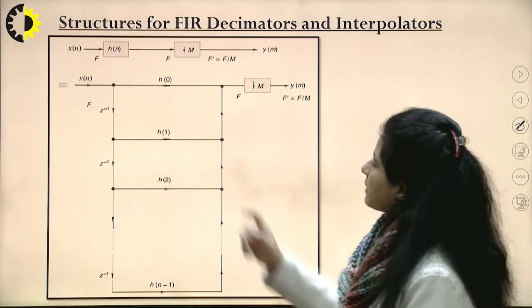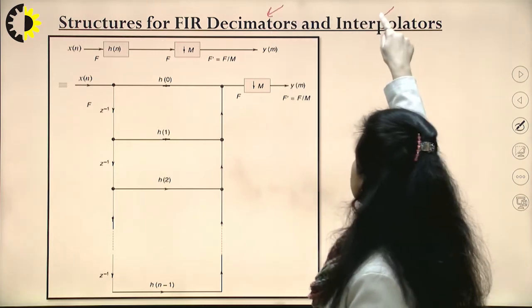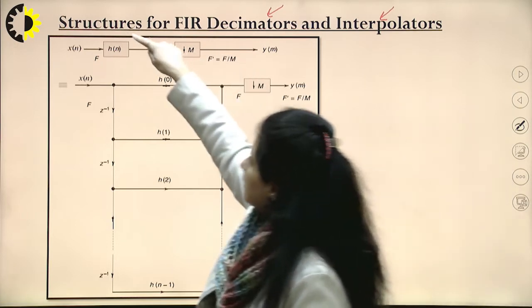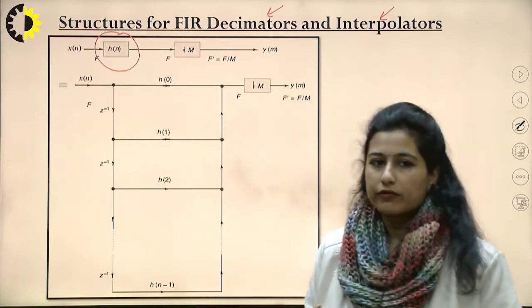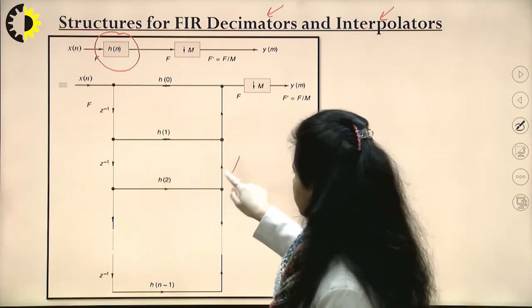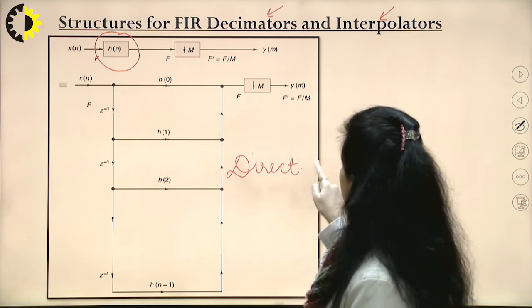Talking about different structures for FIR, if we introduce these decimator and interpolator, what is going to happen? This H(n) would have a filter structure, which would be any kind of filter that we have already discussed. This is a direct form structure. So nothing is going to change with interpolator and decimator.